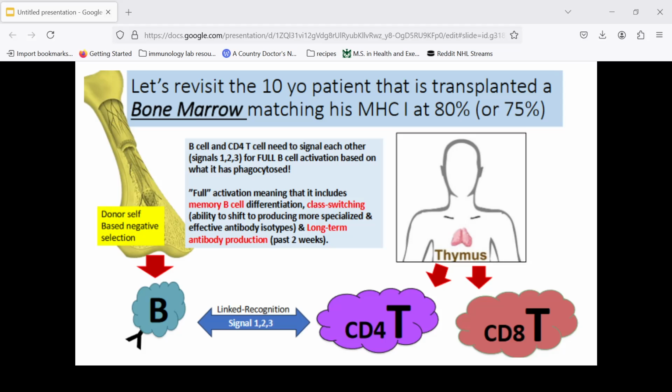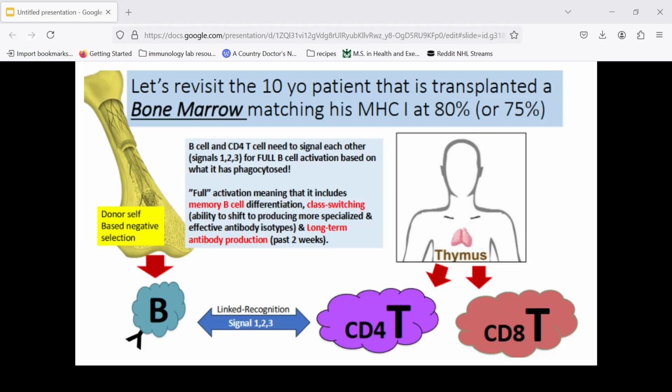What is important about MHC1 that makes it noteworthy in terms of immune responses? Every nucleated cell expresses MHC1. So if something is wrong with our ability to recognize MHC1, that affects every single cell.